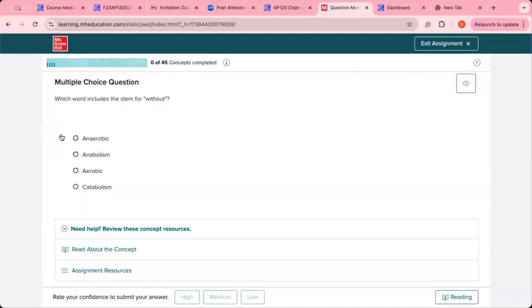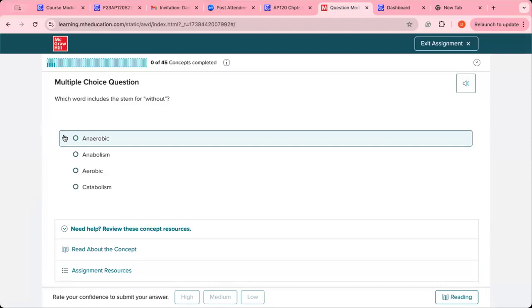It would be anaerobic, without air, and yeah, I think it's anaerobic.